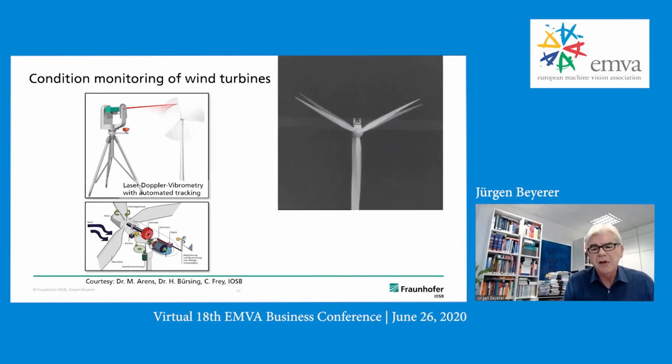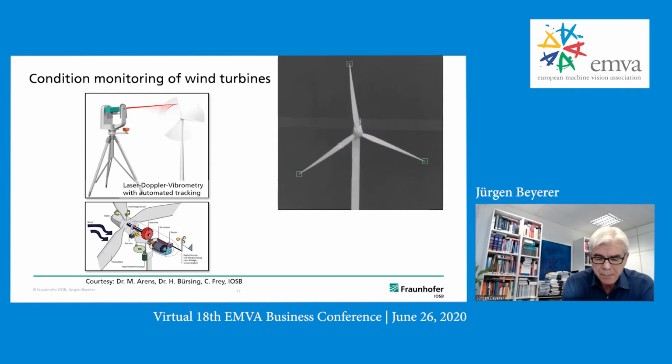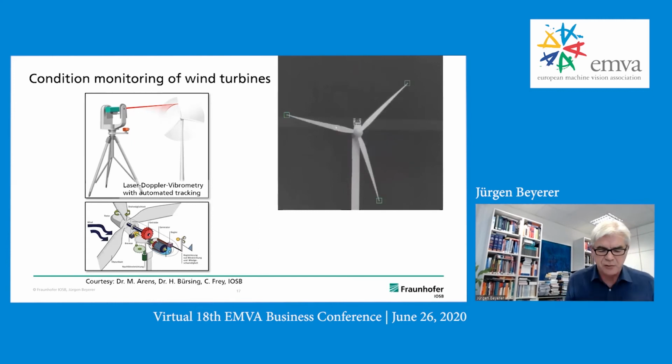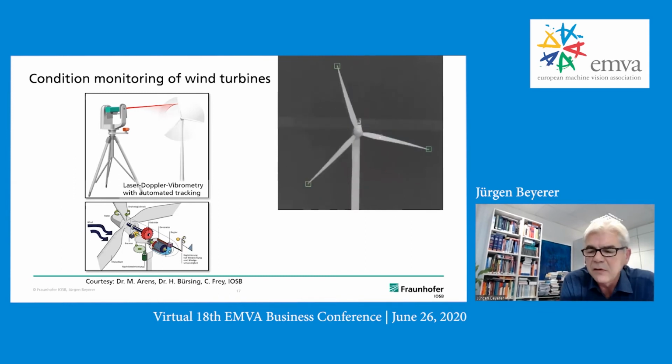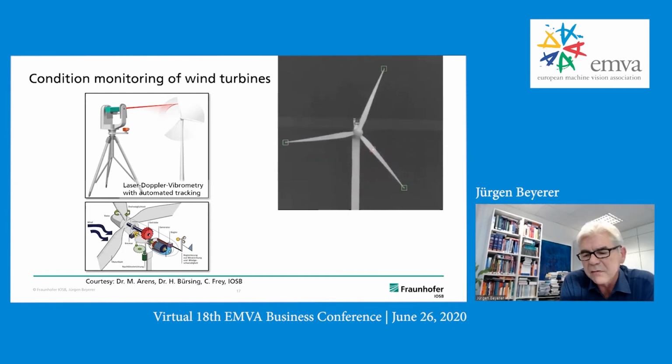In this example, vibrations of a wind turbine are measured during the operation of the wind turbine. As you can see here in the video, we learn, using image processing methods and parametric models, the dynamics of this wind turbine.